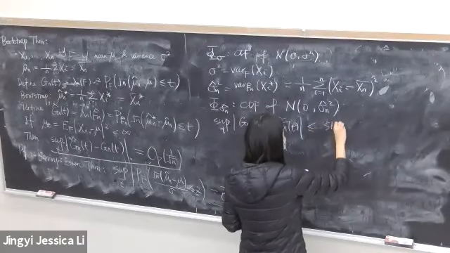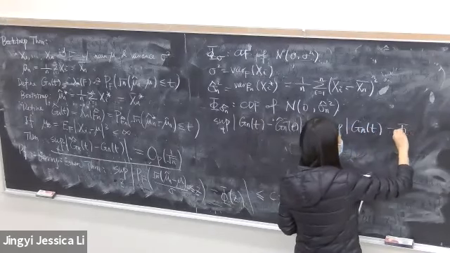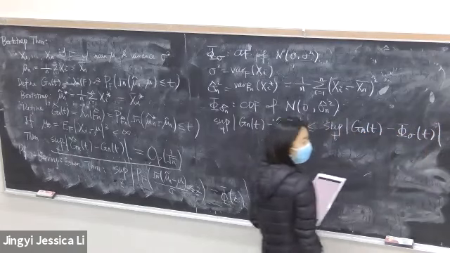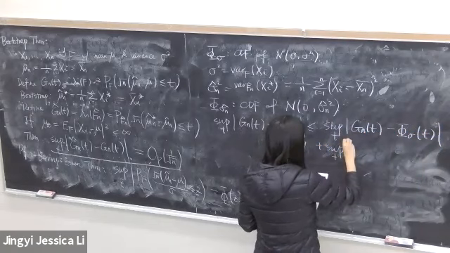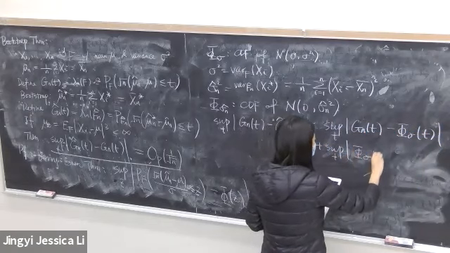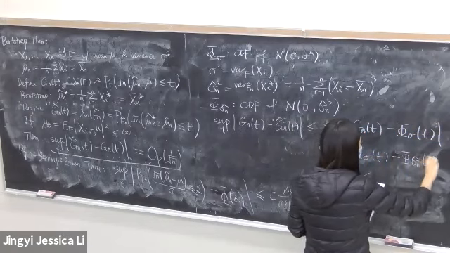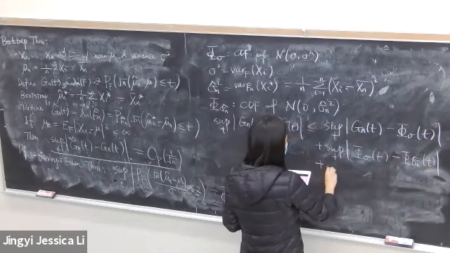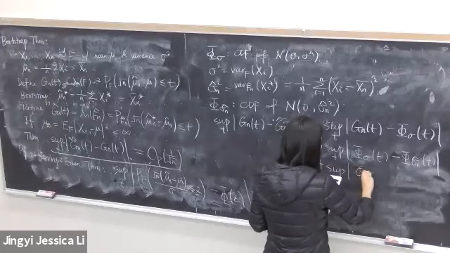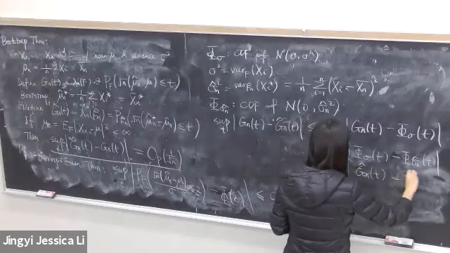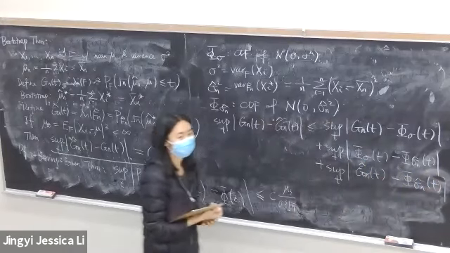Maybe I just write here, sup t of Gn(t) minus phi sigma(t). That's the first term. The second term is phi sigma(t) minus phi sigma n hat(t). And the last term is Gn hat(t) minus phi sigma n hat(t). Okay, I will have those 3 terms.